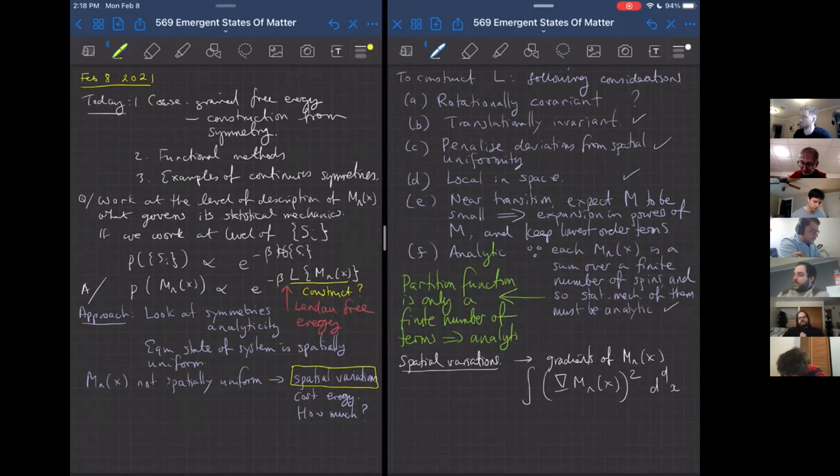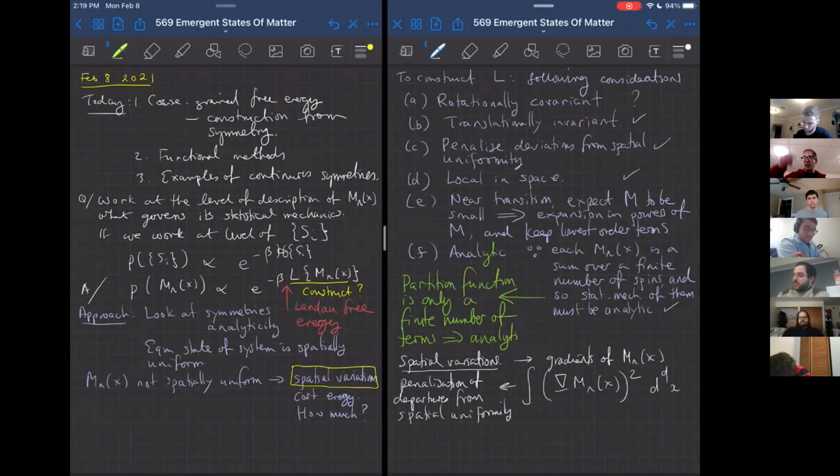So this gives me a penalization of departures from spatial uniformity. If m is a constant, this term will be 0.